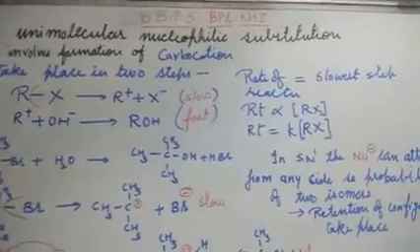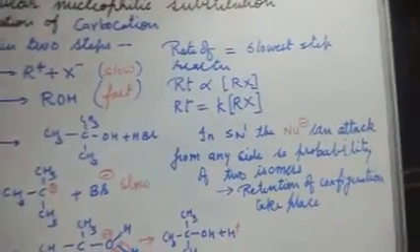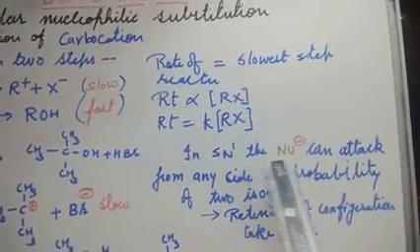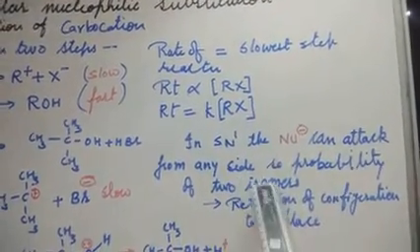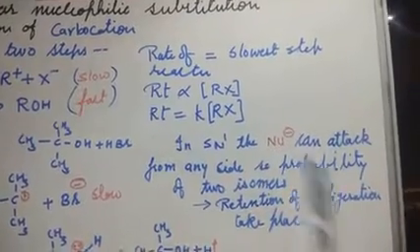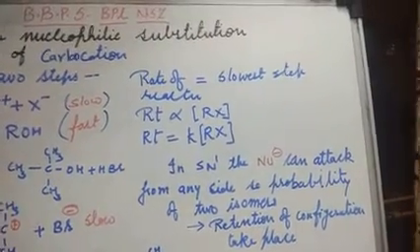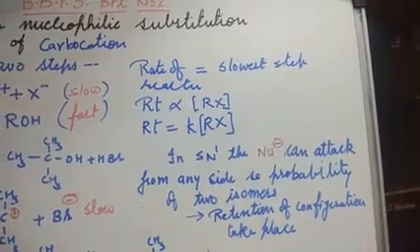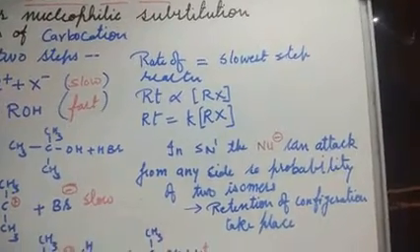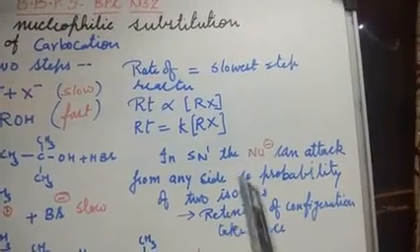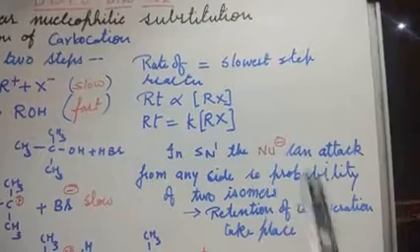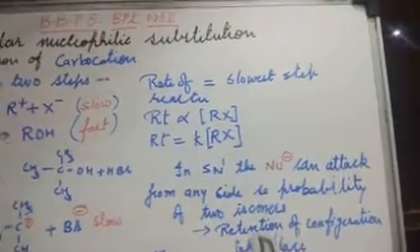Here I have written one more thing, students. Like in SN1, the nucleophile can attack from any side, either from front side or from the back side. Like in the SN2 reaction, we studied that nucleophile always attack from the back side. But in case of SN1, nucleophile can attack from any side. Why, students?